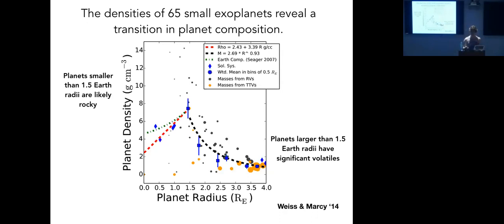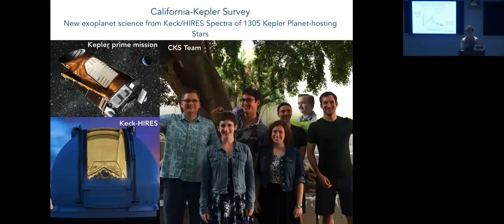So in recent years, we've made some more progress on this topic. We've just published the California Kepler Survey, which is a new exoplanet parameter study based on getting Keck-HIRES spectra of 1,305 Kepler host stars with 2,025 exoplanets.